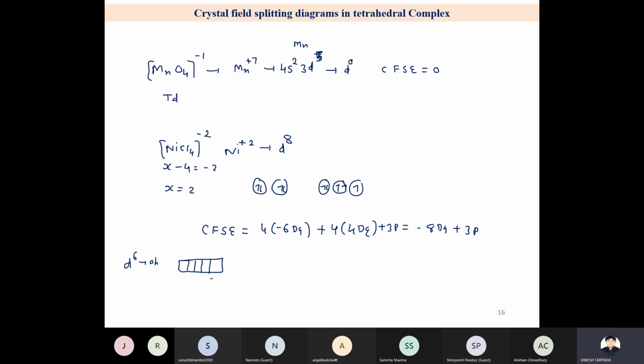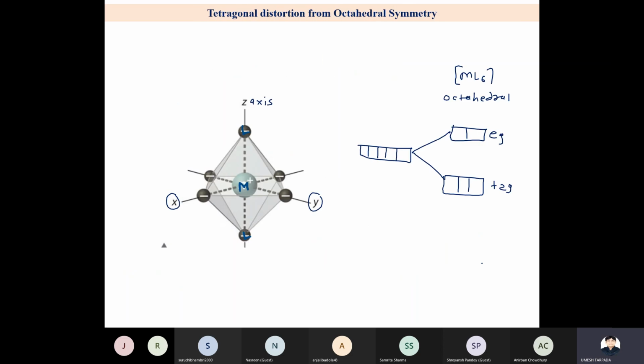Suppose strong field ligand is there, then electrons get paired in t2g, eg orbital is vacant. So maximum crystal field stabilization energy you are getting in this configuration: 6 × (−4Dq) + 3P + 0, so you are getting −24Dq + 3P. So see, this is the maximum value.